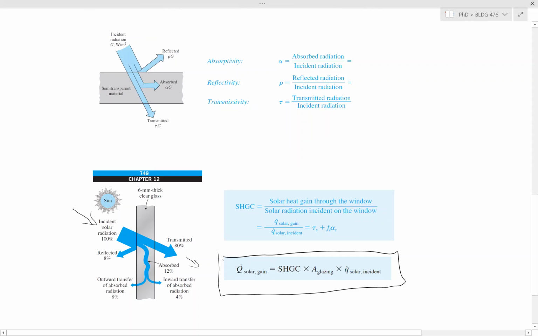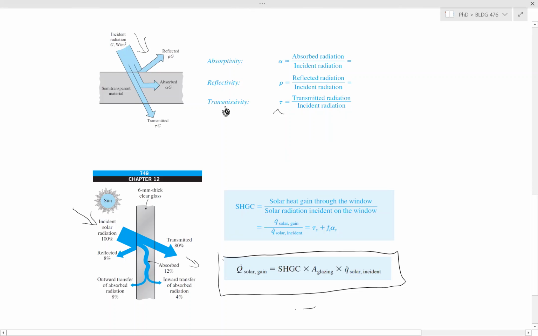Some important concepts: if you have a surface and you have incident radiation hitting it, then some amount is reflected, some amount is absorbed, and some amount is transmitted. What's transmitted is typically what's getting into the building. But you'll notice we don't use tau, the transmitted solar radiation.